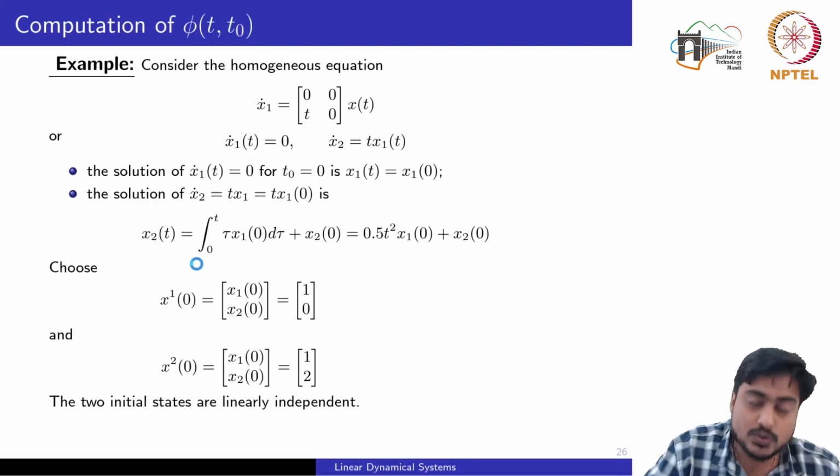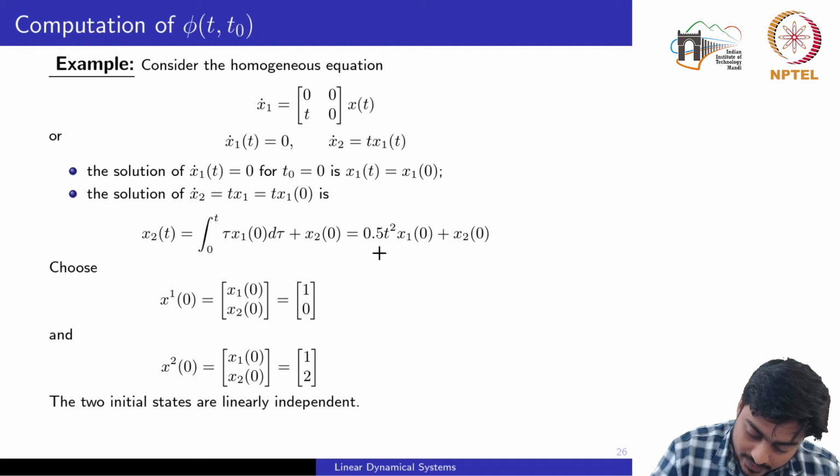Now we choose two different initial conditions. Let's say one initial condition is 1 0 and another initial condition is 1 2. These two initial conditions should be linearly independent because of the property we saw in the last slide, that if these two initial conditions are linearly independent, then that matrix would be a fundamental matrix, right?